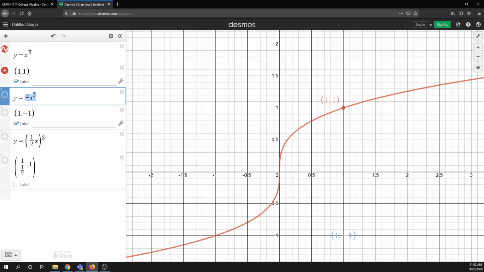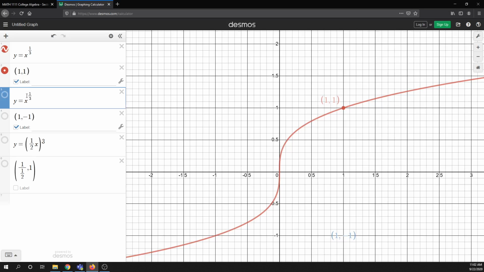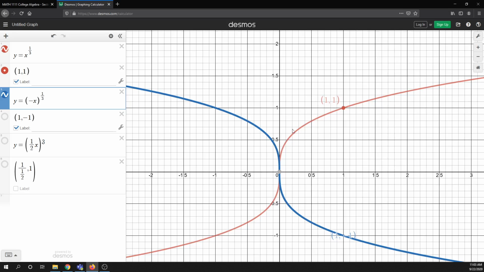And what I'm going to do is start with x to the 1/3 and then replace the x by -x. That's going to flip the graph right around the y-axis, so this point is going to wind up over here, and points that were over here are going to wind up over here.